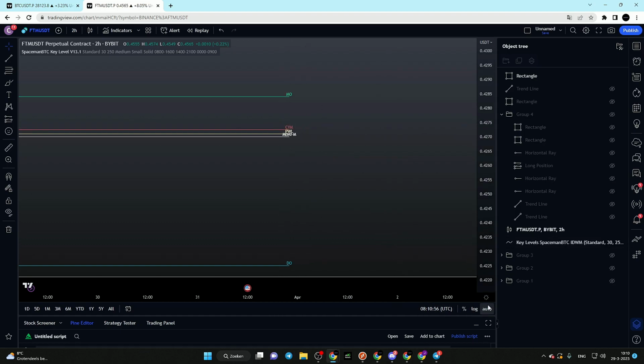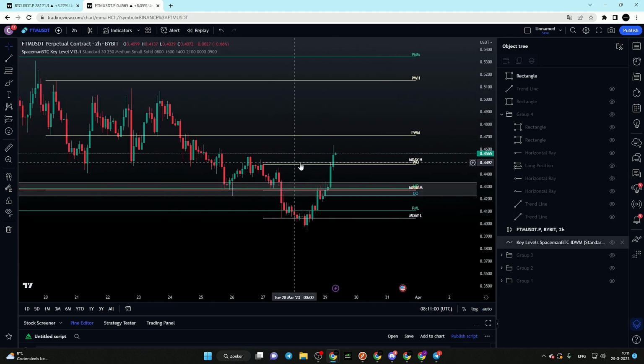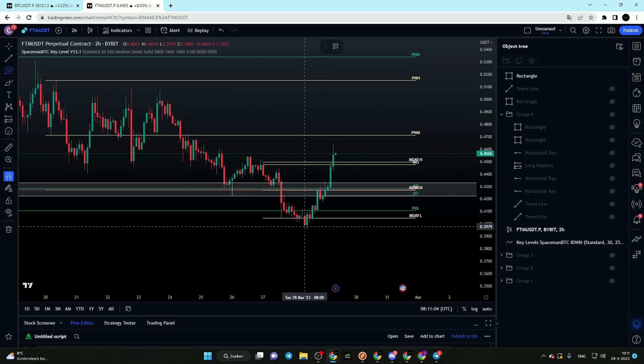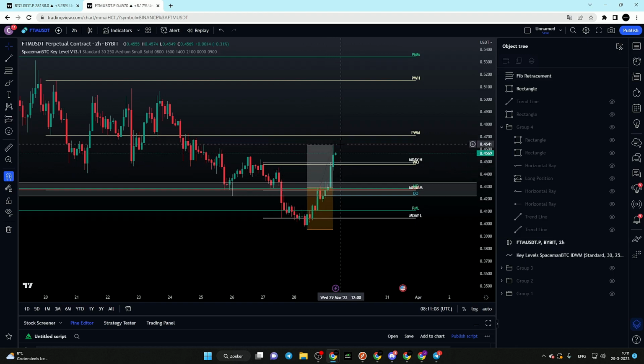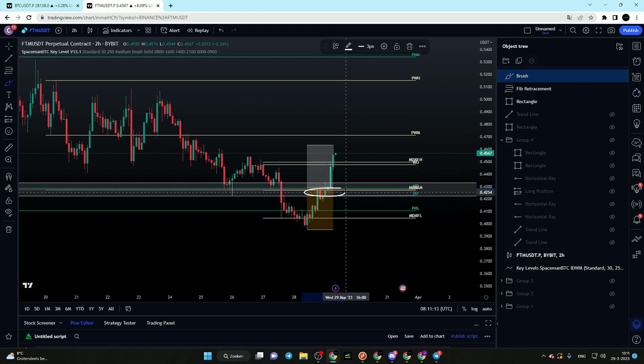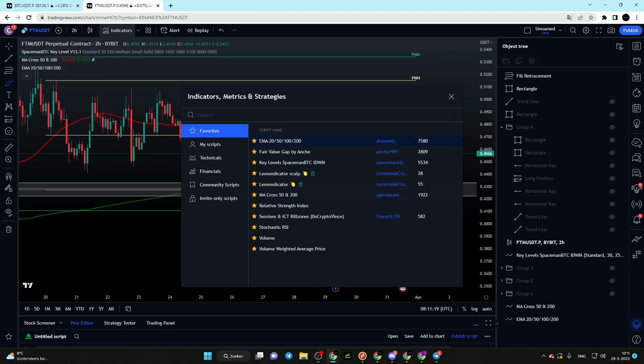Okay, very, very important levels for the Phantom price. And if we get a retrace back towards this area, I will be interested again in opening new long positions. Also, if we go from swing low to swing high, we can see inside of this area is also where we enter our discount for the Phantom price, which is another very nice confluence. We can even switch on our EMAs.